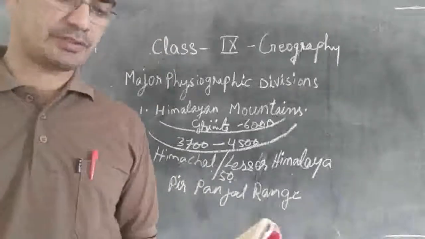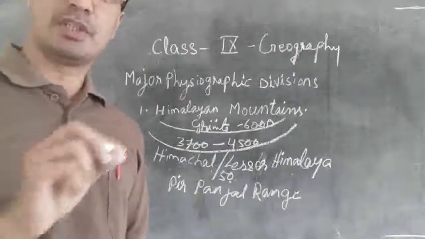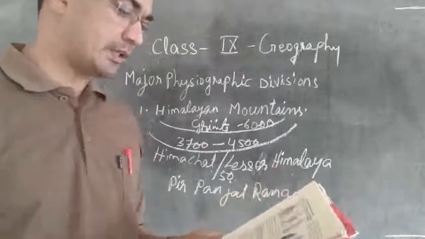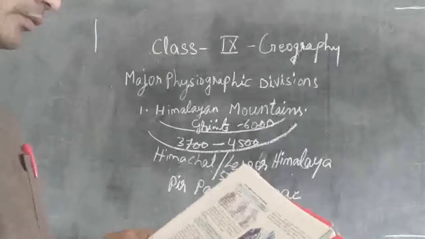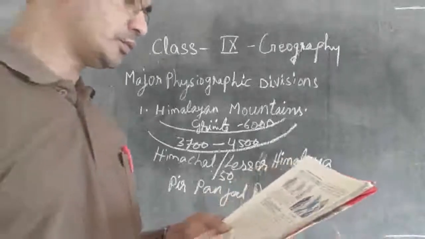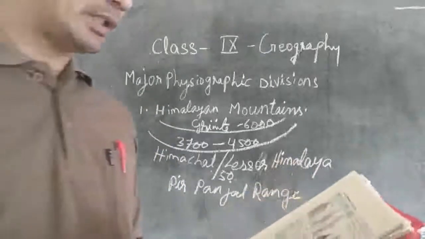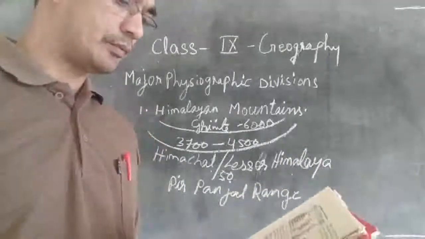That is the most famous range. You can underline it in your textbook. That is the most important or most famous range in that, and that is the longest as well.